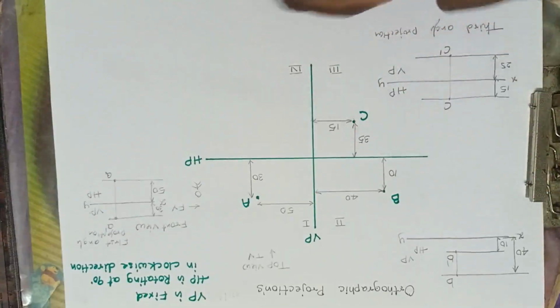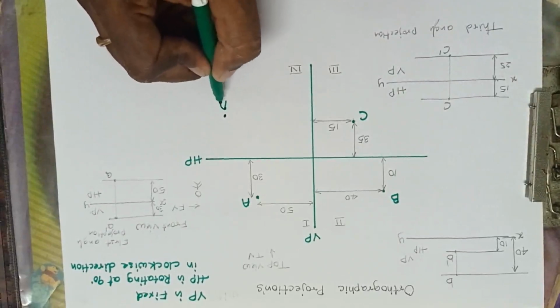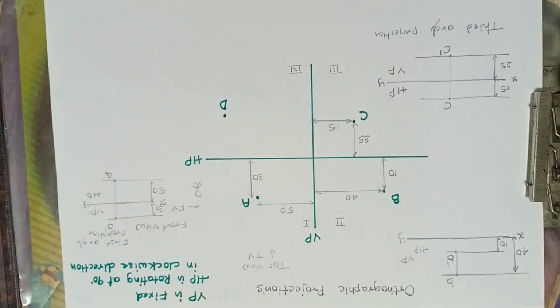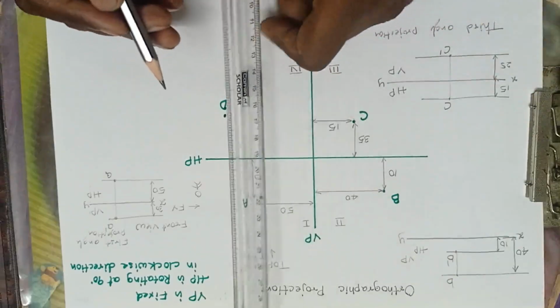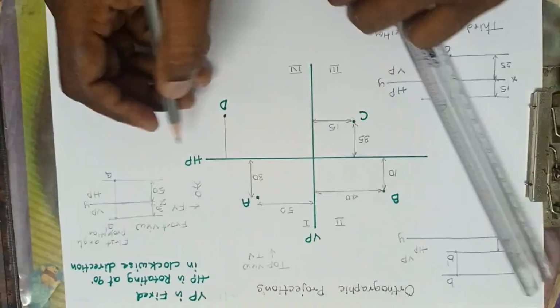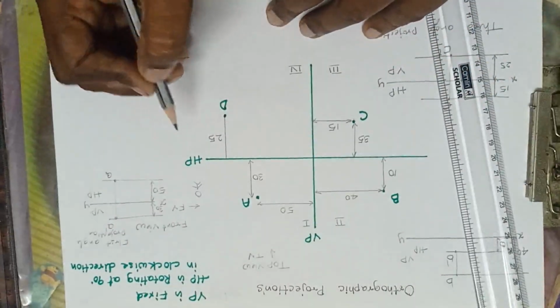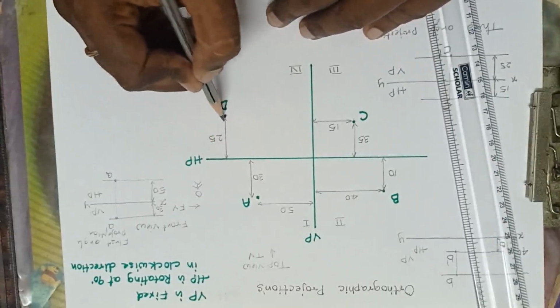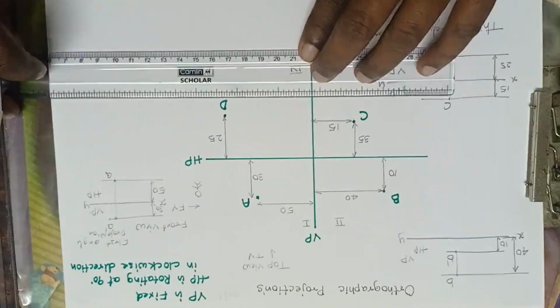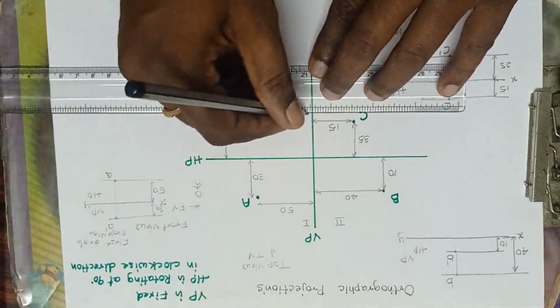Now I'll assume this is a point D somewhere here. Now what I'll do? I'll assume some distances here. This is 25 mm, and this distance is 45 mm.